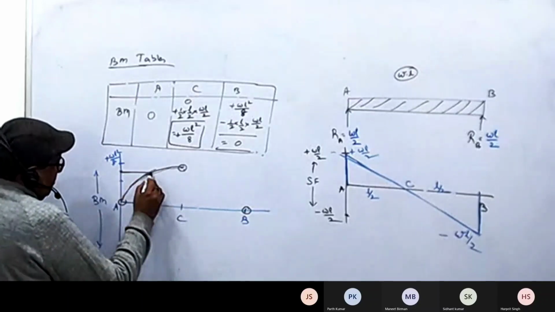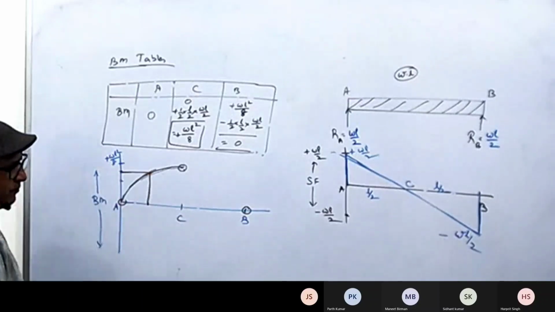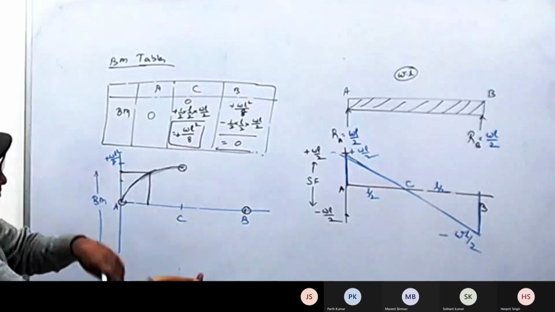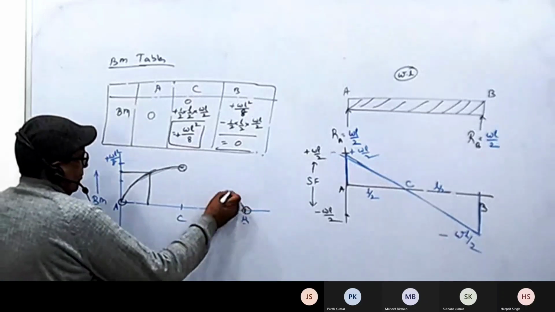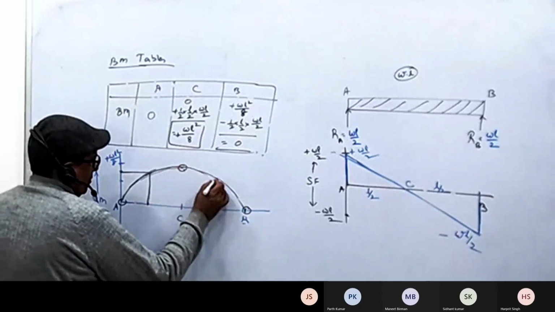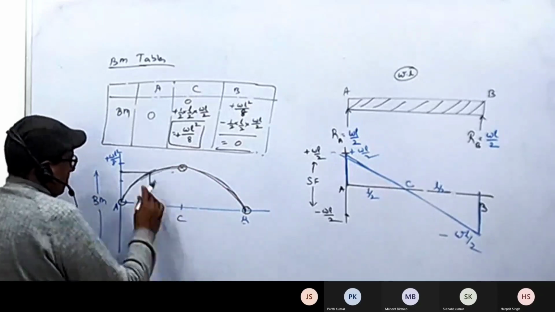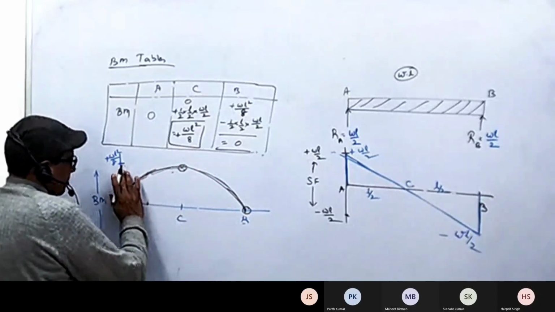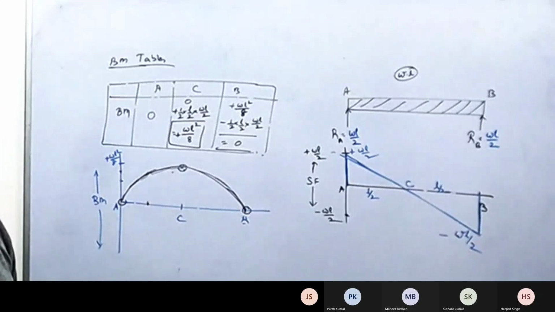You see, 75% at mid length is where this point comes. The other side will be a mirror image of it, and it will become 0. This is the bending moment diagram for this question. That is the shearing force diagram.